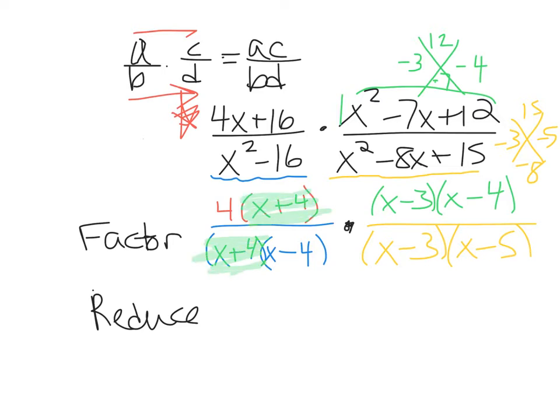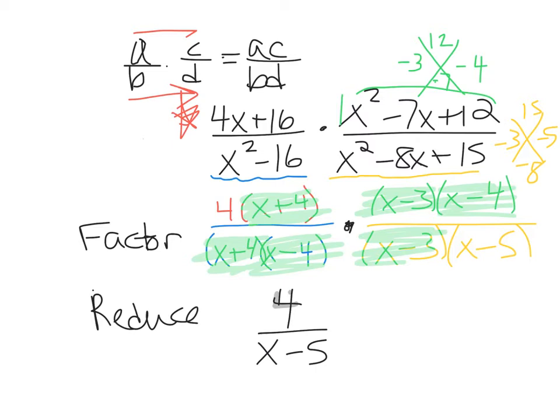So I have x plus 4, then I have an x minus 3, and an x minus 4, x minus 4. So all I'm left with for my final answer in the top is 4. And in the bottom is x minus 5. So that whole hot mess simplifies down to 4 over x minus 5.